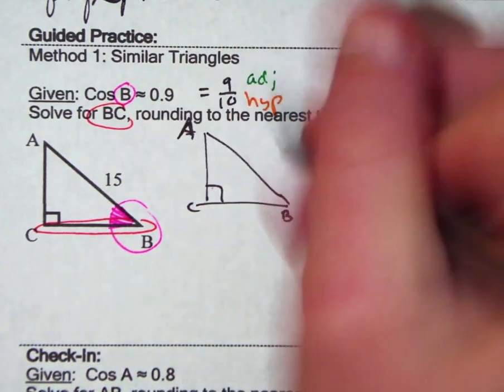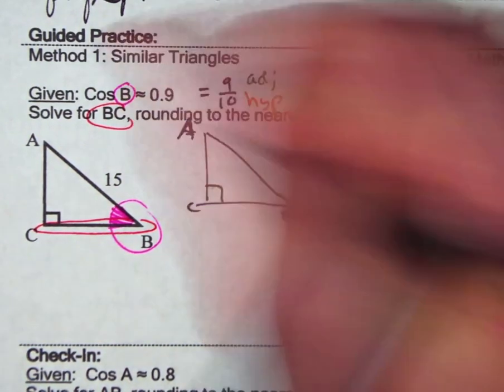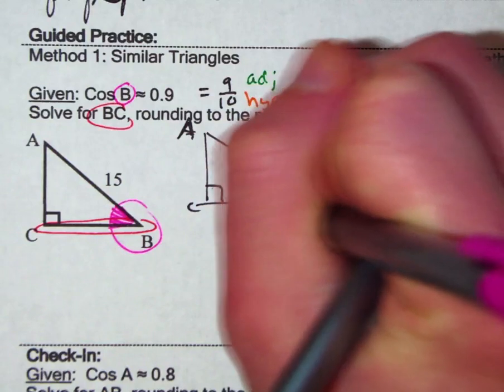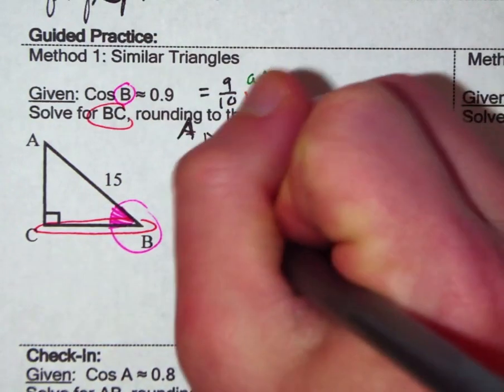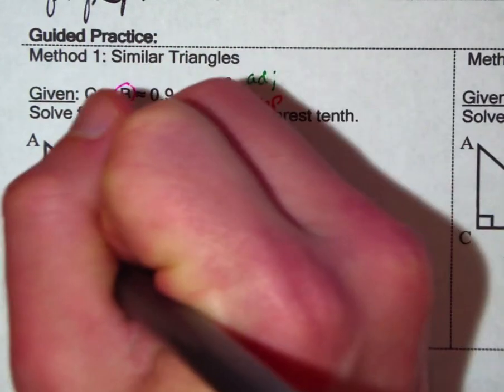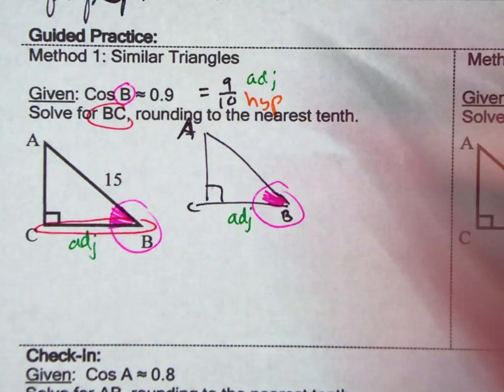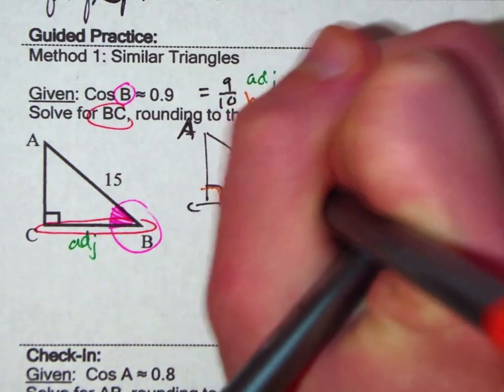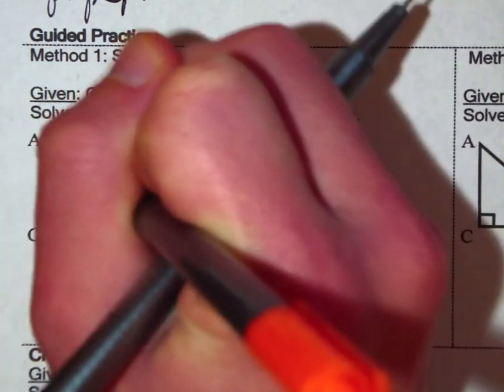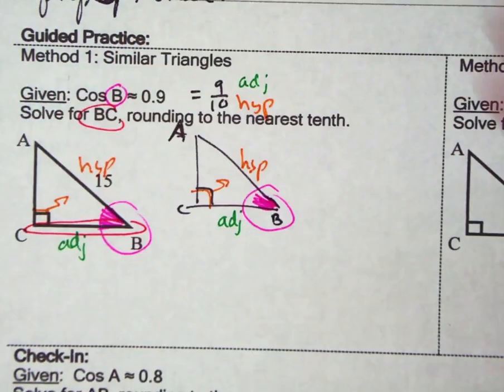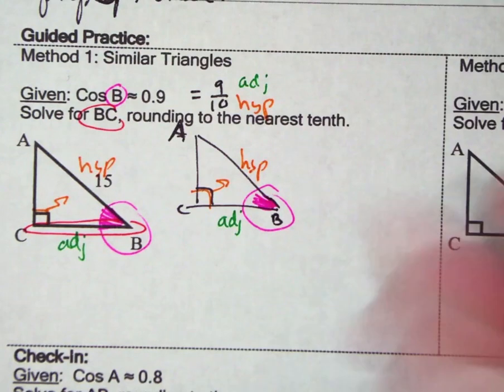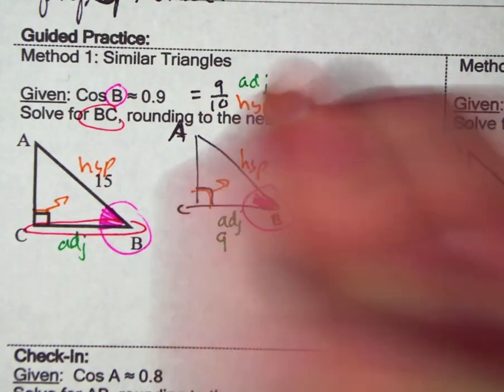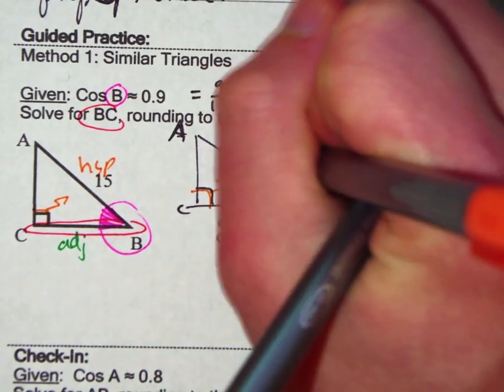So this here is my reference angle B. Here's my adjacent. Here's the hypotenuse. And so the adjacent over hypotenuse is going to be 9 over 10.